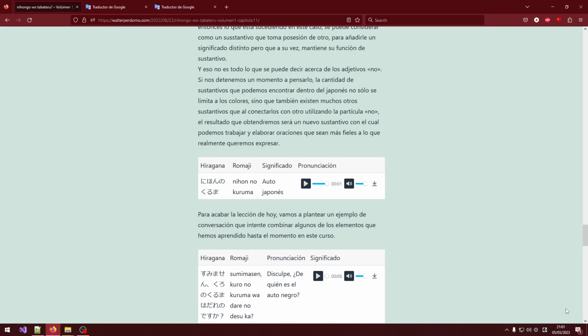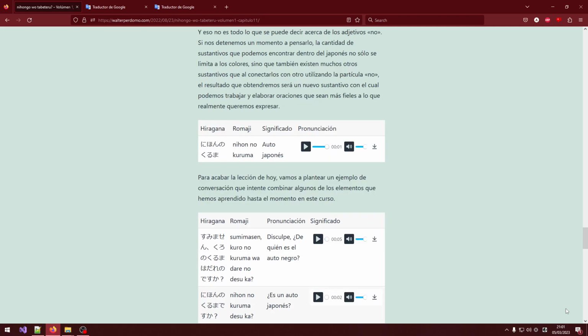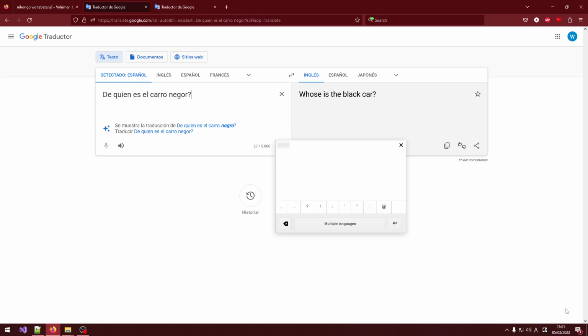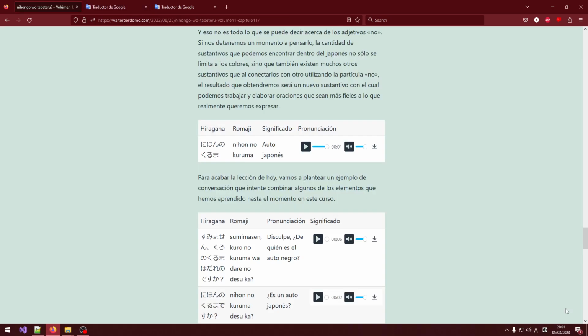I need to practice English, really. Basically, I don't know this car. Whose car is the black car? In Spanish, I would say, ¿de quién es el carro negro? Whose is the black car? Okay, yeah, that is it. I need to practice my English.